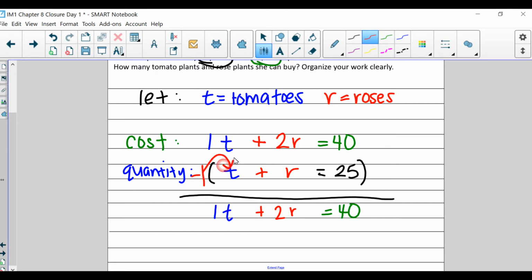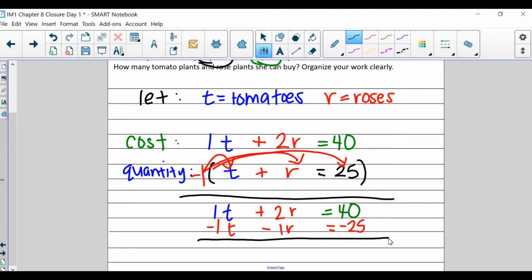Now I'm going to distribute -1 times t, that's -1t, -1 times r, that is -1r, and that's going to equal, that negative again is distributing, -25.